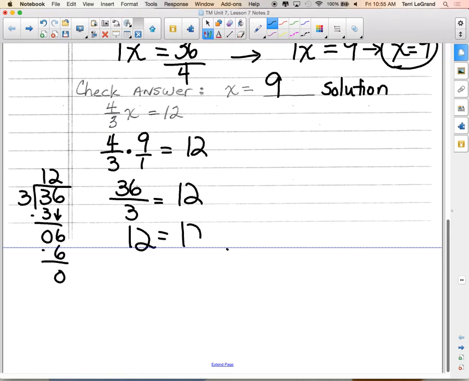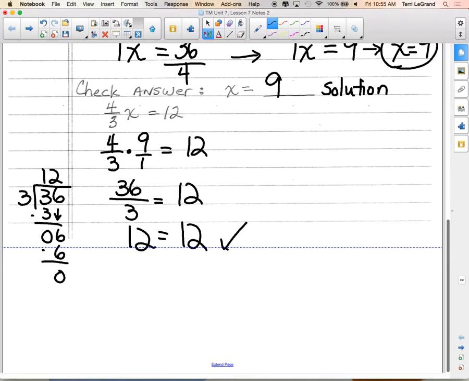I get 12, what do you get? So I say 36 over 3 gets replaced by 12. I bring down my equal sign. I bring down the 12 on the other side because there wasn't anything to do. Does it check? We end up with a true statement. It checks.